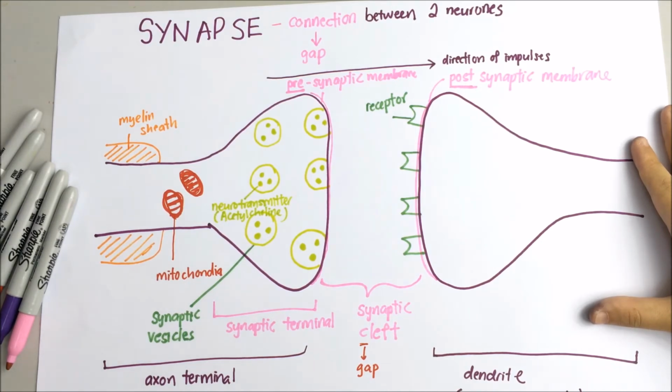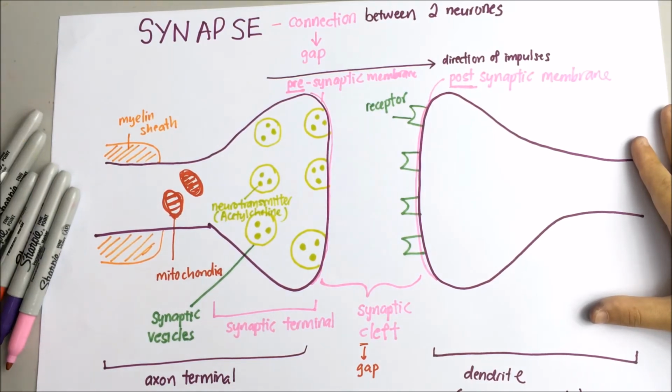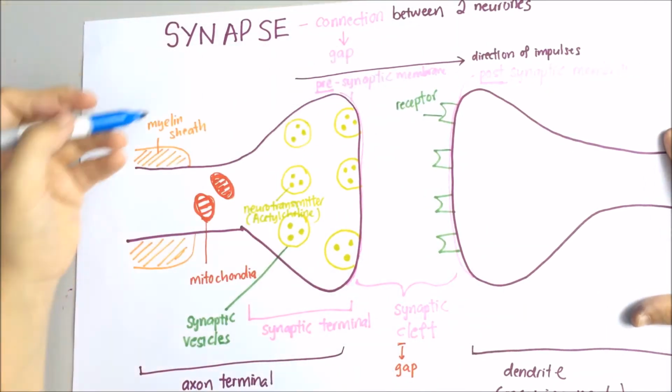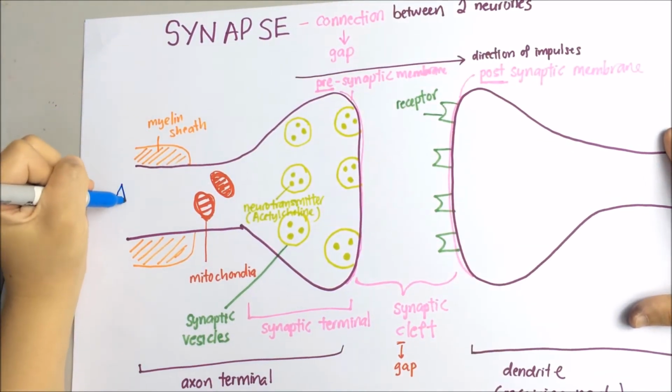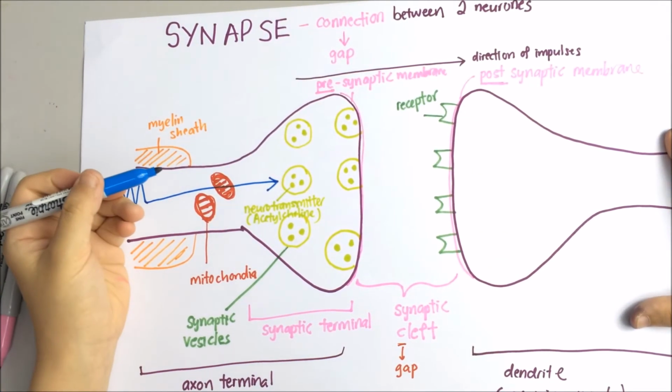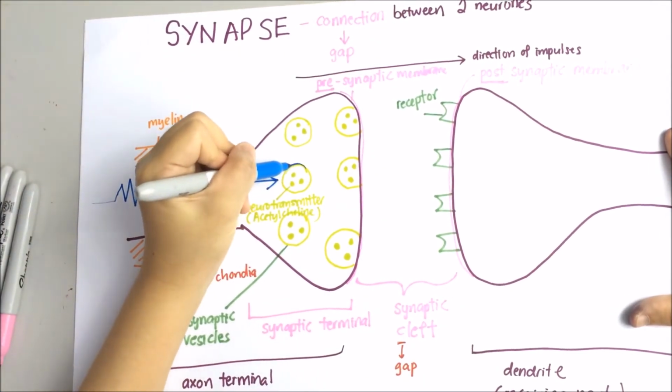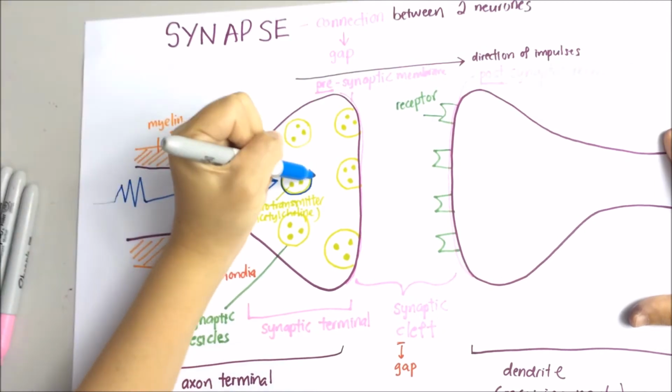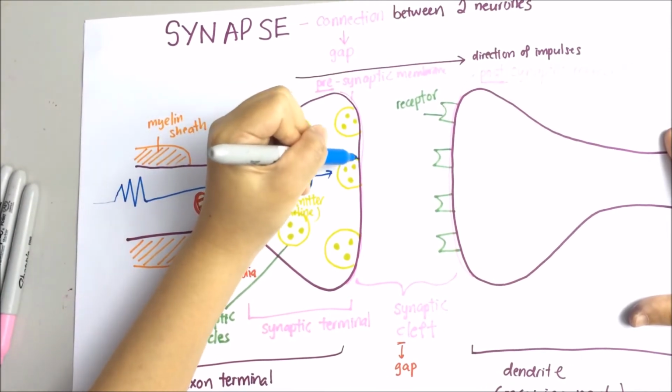Now let's look at how an electrical impulse is transported across the synapse. When electrical impulses reach the presynaptic membrane, they trigger the synaptic vesicles to release neurotransmitters into the synaptic cleft.